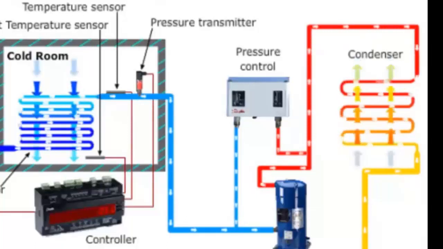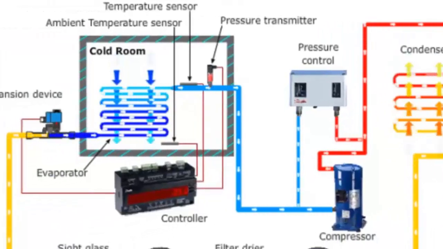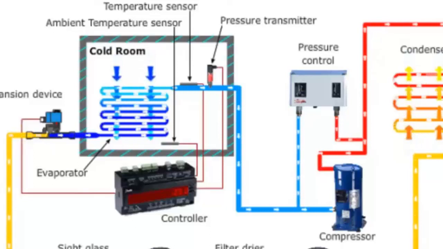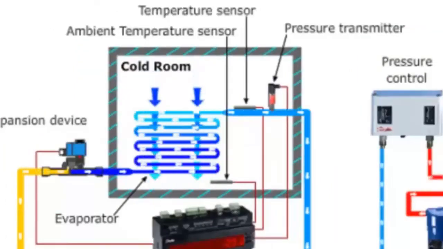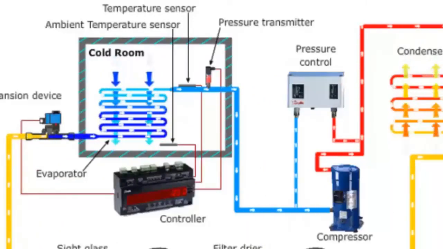It uses analog or digital electronic signals for this purpose. 10. Evaporator temperature sensor, to inform the cold room controller of the exact evaporator temperature. 11. Temperature sensor inside the cold room, to inform the controller of the cold room's internal temperature.